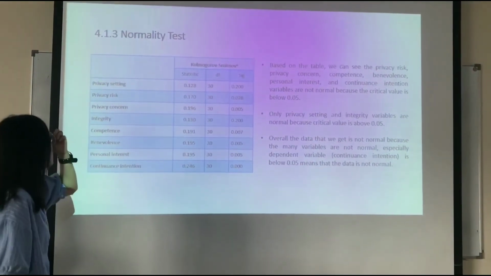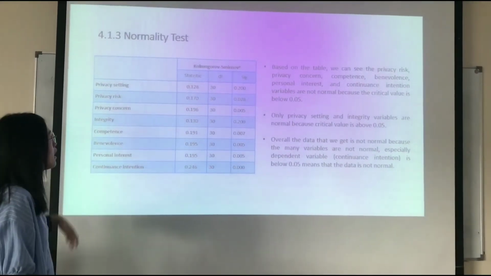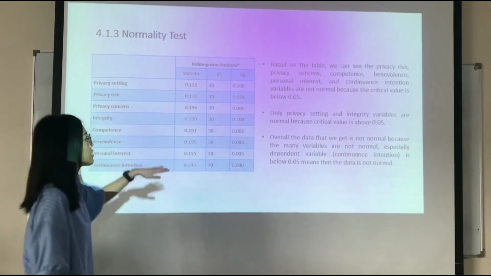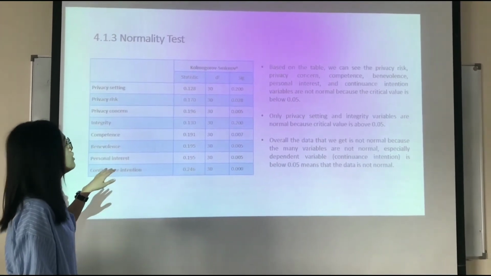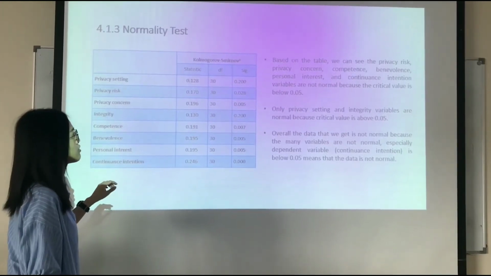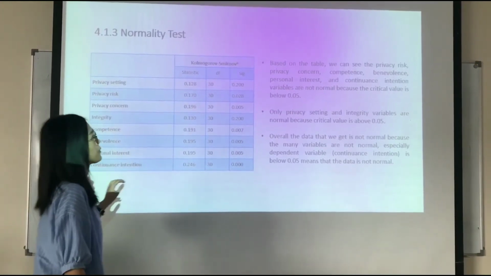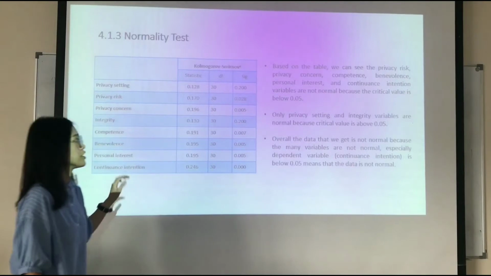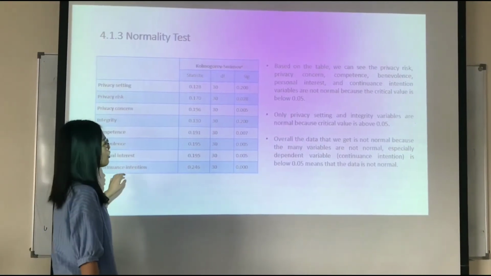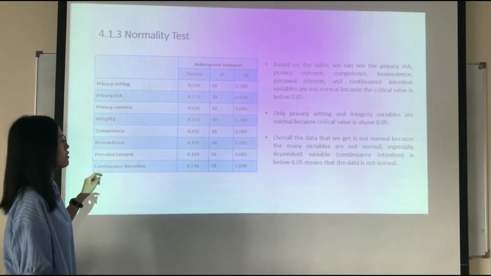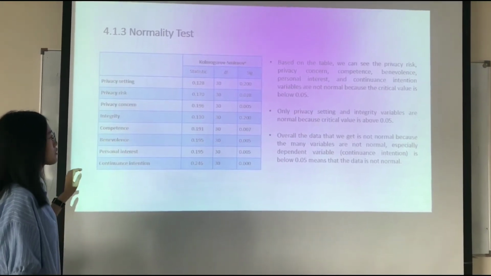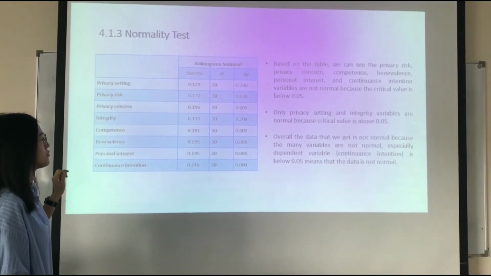And this is the normality test. Based on this table, we can see that privacy risk, privacy concern, competence, benevolence, personal interest, and the continuous intention variable are not normal because the significance value is below 0.05, and only the privacy setting and integrity variables are normal because the significance value is above 0.05.